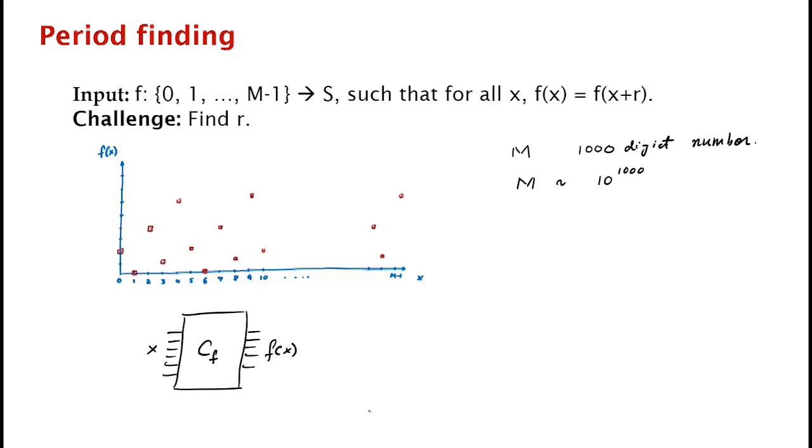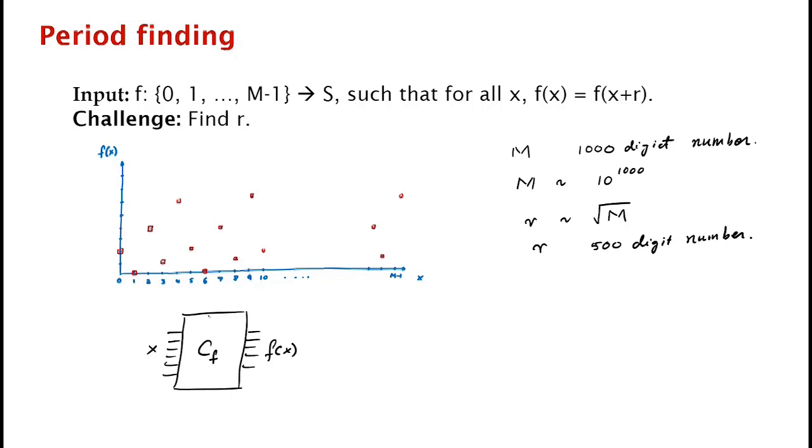How big is R? Well, we said R is about square root of M. So R would be, let's say, a 500 digit number. So it's still a huge number.